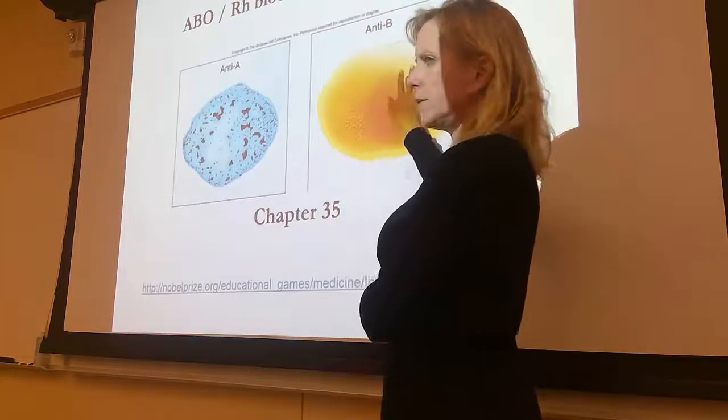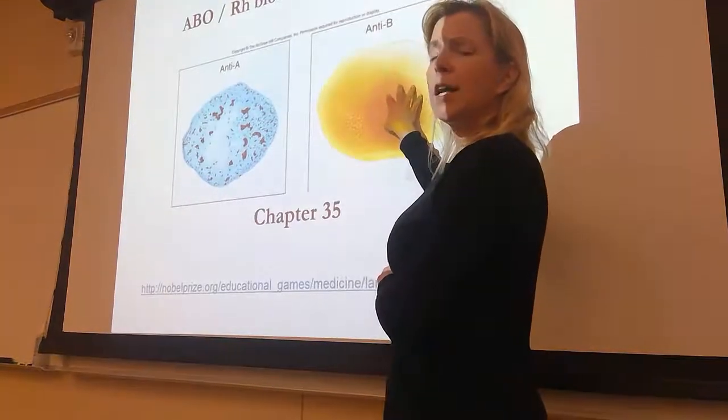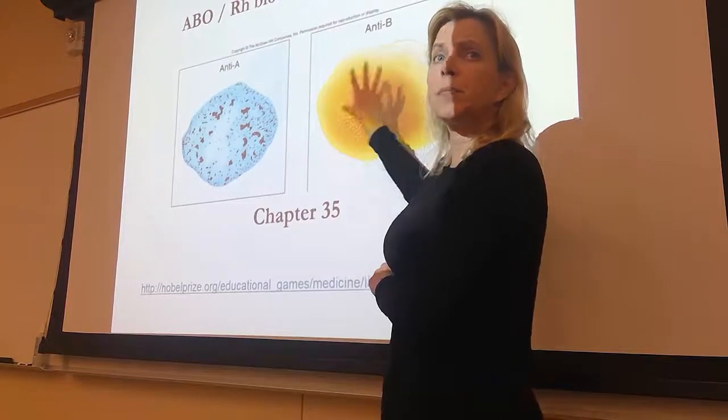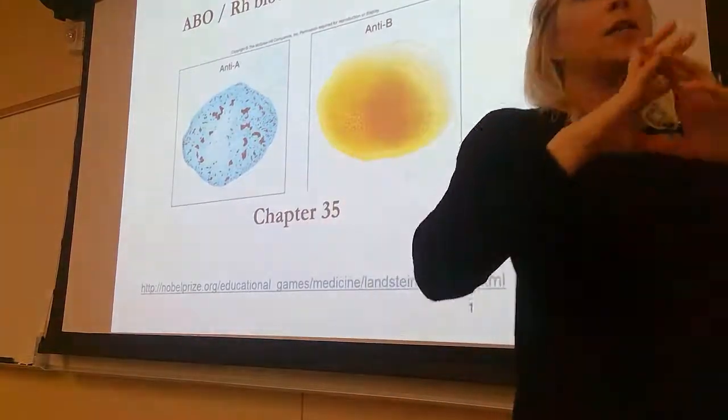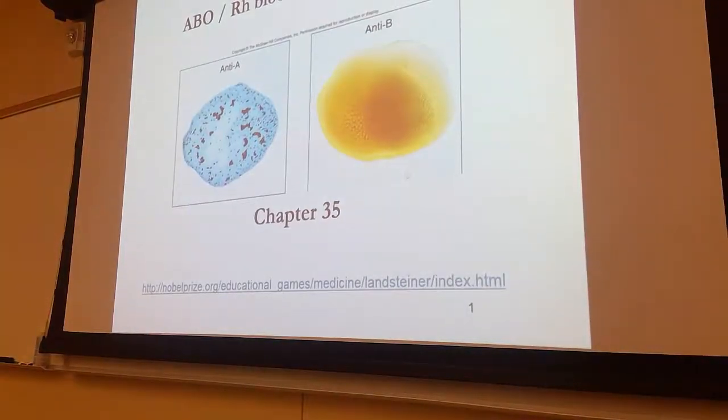Over here, that reaction is not occurring. You don't see the clumps like you do over here. The blue part is not important. That's non-consequential. That is just part of the antibody solution that you add. So the blue, the color difference, that's not what you look at. It's the clumps that you see.